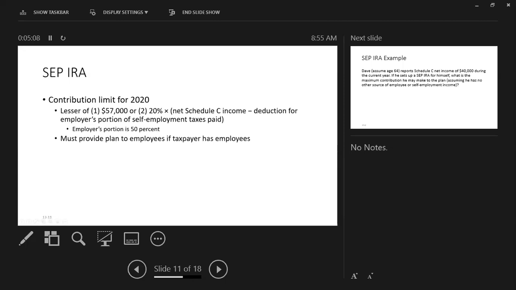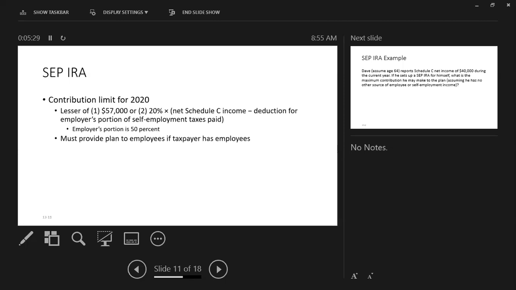Let's look at the example, example 1319. Dave, who's 64, has net income on his Schedule C of $40,000. If he sets up a SEP IRA for himself, what is the maximum contribution he can make? Okay, his first limit is $57,000.